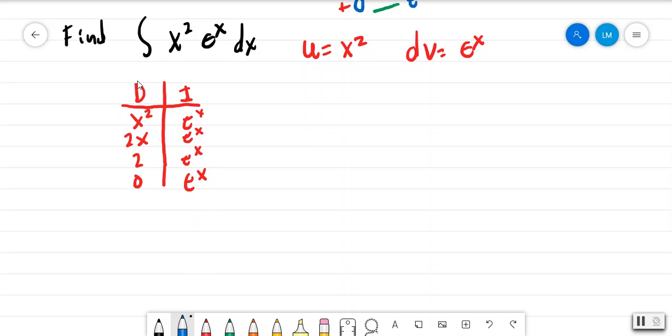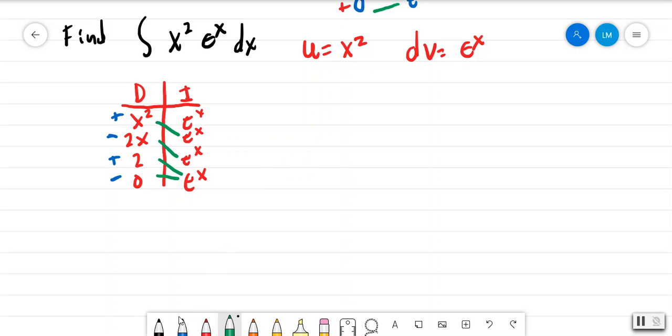But remember, it starts with a plus, then minus, then plus, and then minus. So we formulate our layers. That goes to that, that goes to that, that goes to that, and then it goes across.